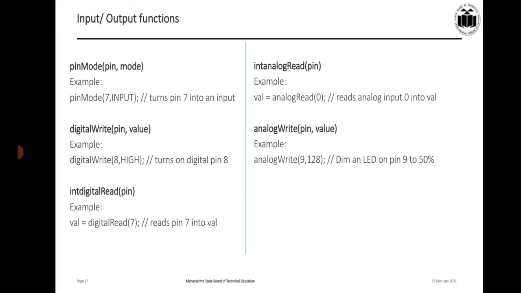Input output functions. You can define port pin as an input or output by writing logic high or logic low to port pin. You can assign logic 1 and logic 0 to it.